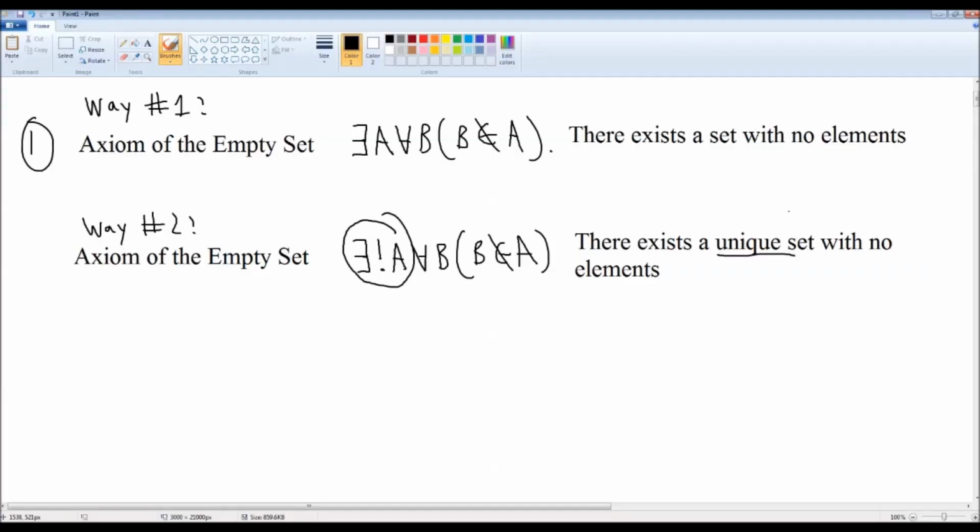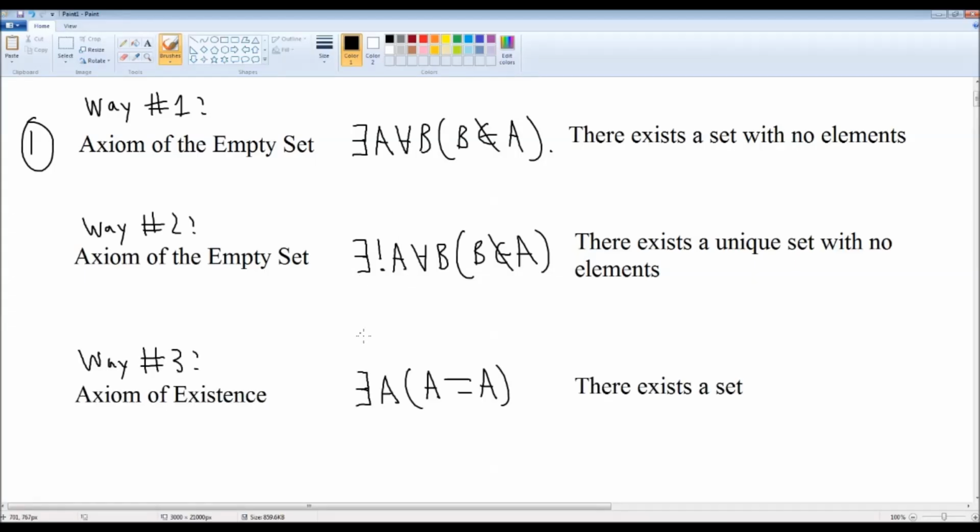In the greater scheme of the axioms as a whole, the axiom system itself doesn't change what you can prove and can't prove. Version number three, which is pretty common, is to not give an axiom of the empty set at all, but merely an axiom that says there exists a set, some set, without specifying whether or not it's empty.